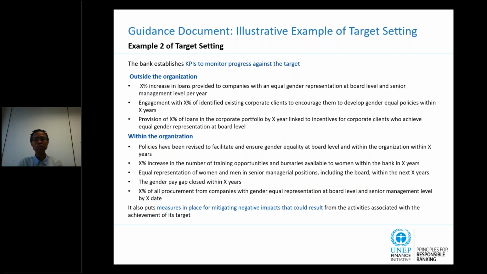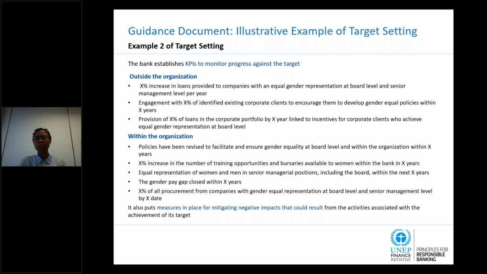The bank has set its target, it has set its measures, and now let's look at the possible KPIs that the bank has set to monitor progress against the target. We'll look at the KPIs that the bank has set for outside the organization, like dealing with its customers. X percentage increase in loans provided to companies with an equal gender representation at board level and senior management level per year.